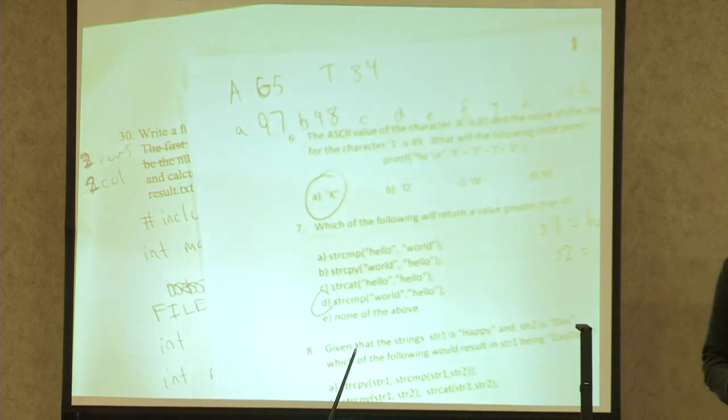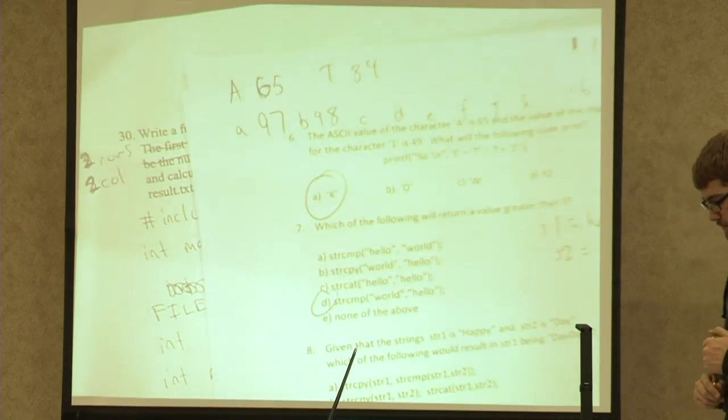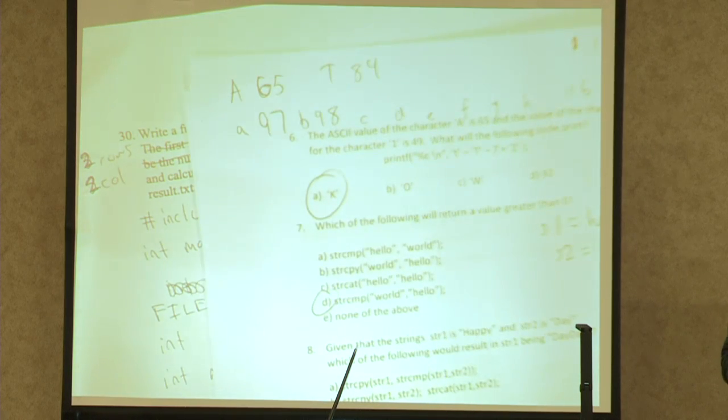Did you get D? Yeah. String cat is going to return a char, string copy returns an integer. I don't think she really cares about that though, because when we call it, we don't want the integer back, so I would just ignore that.